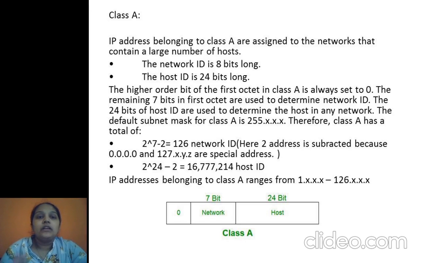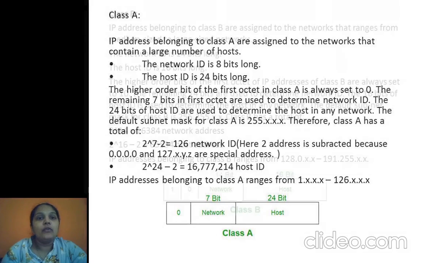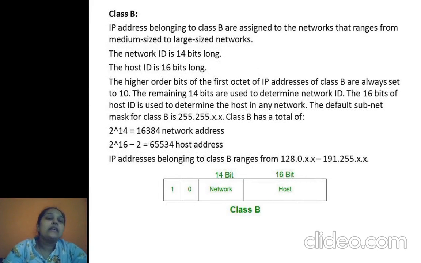Next thing you have to remember is that the address space for the network in class A is 2 raised to 7, and the address space for the host ID in class A is 2 raised to 24. So this is nothing but class A. Next is class B. The same thing the diagram shows you.